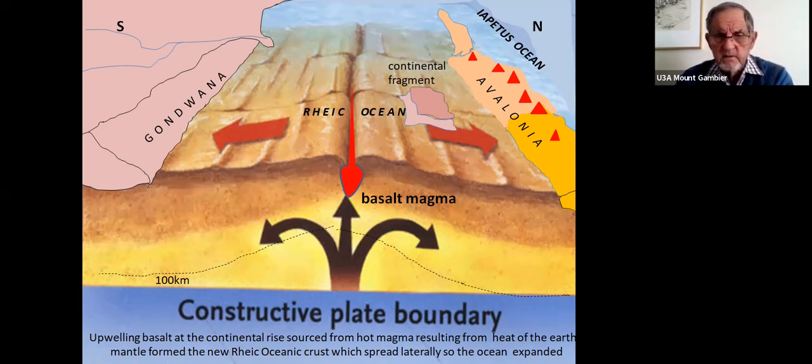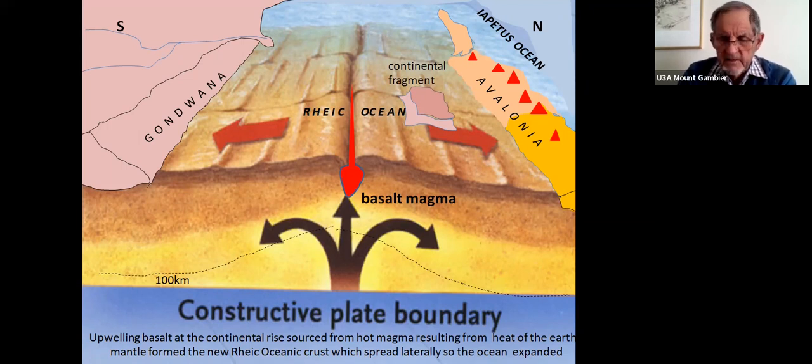And that description of the constructive plate boundary at the bottom just says upwelling basalt at the continental rise, sourced from hot magma resulting from the heat of the Earth's mantle, formed the new Rheic Ocean crust, which spread laterally so that the ocean actually expanded.